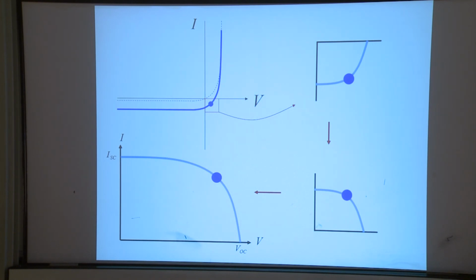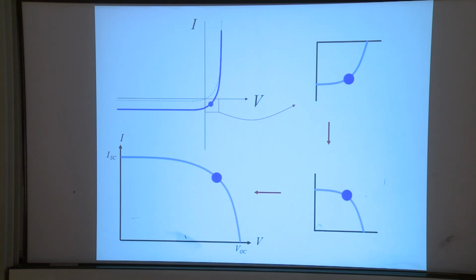Okay, so this is a more important idea about how we plot the IV curve. This is the portion of the IV curve that we are interested in for our solar cell application, so we only take a look at this portion. The curve will look like this.